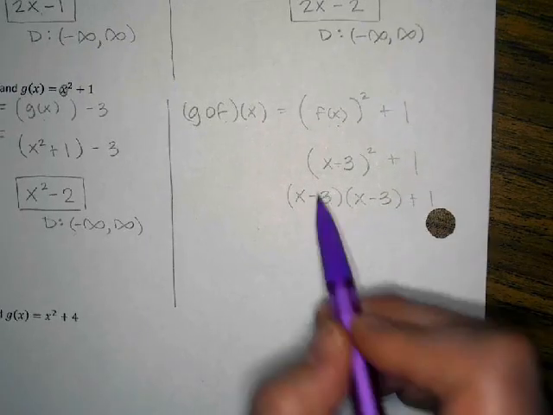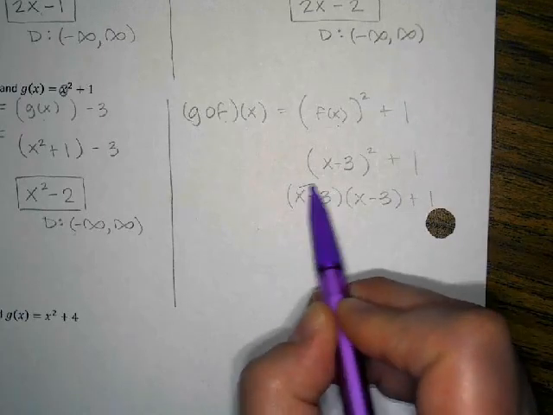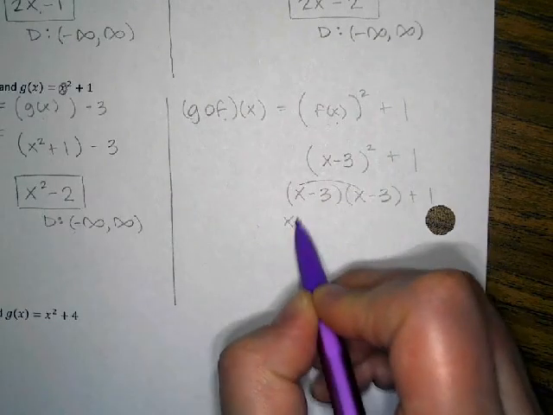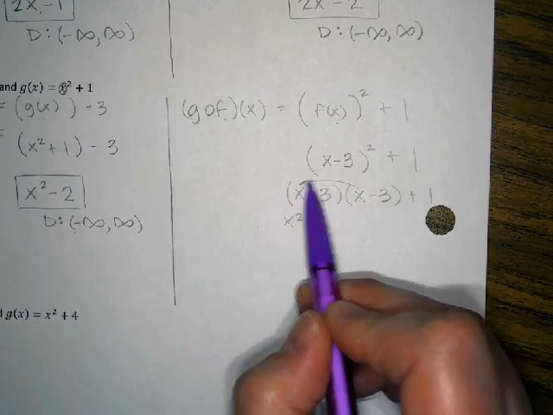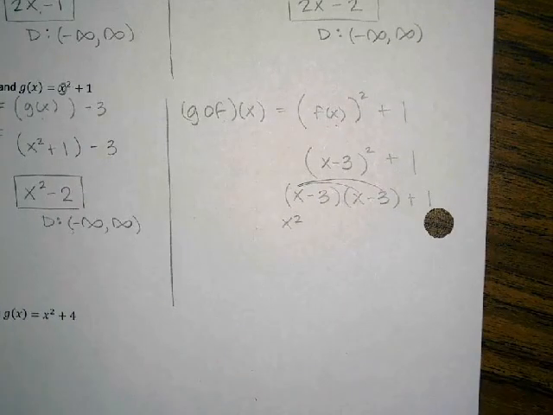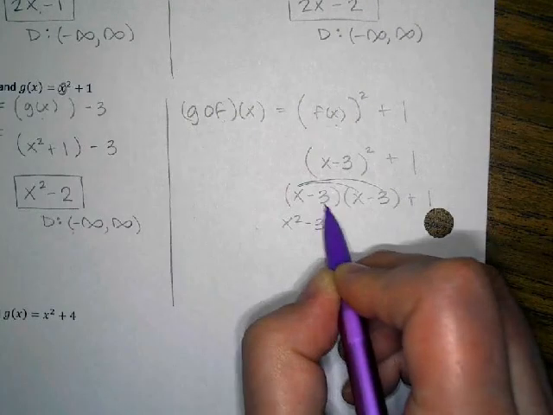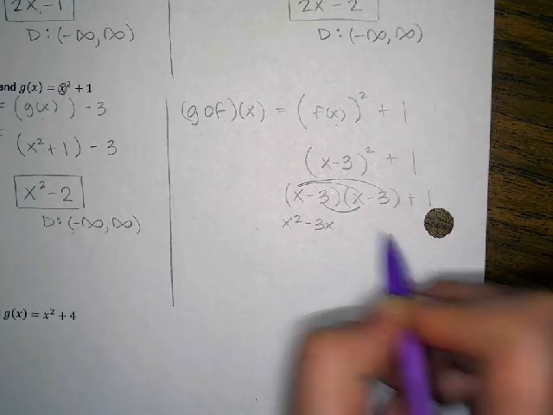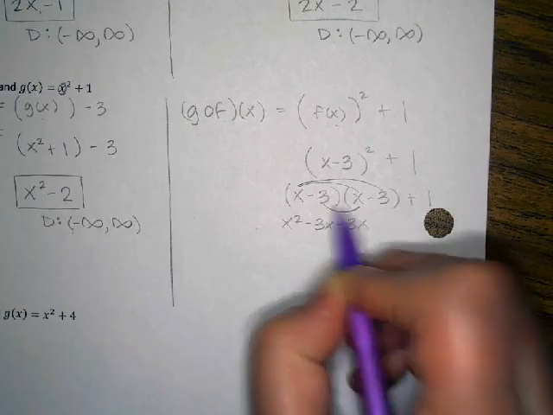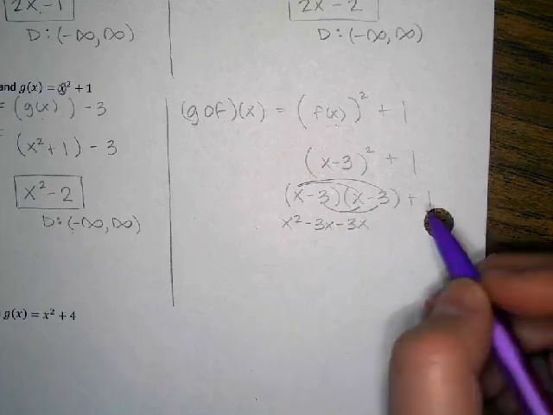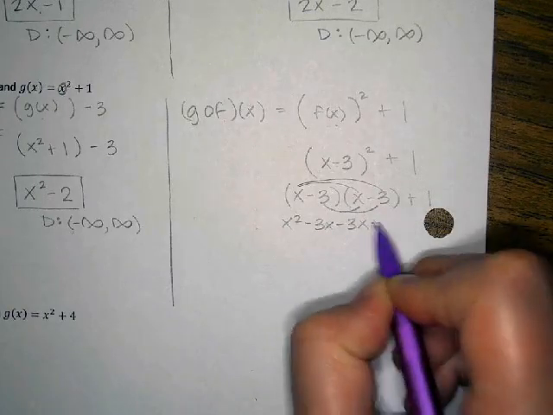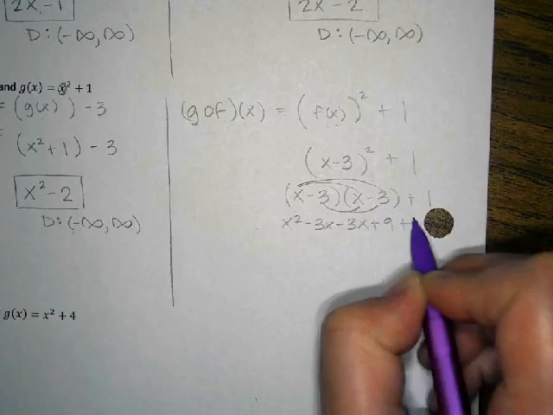And then we get x times negative 3, which is negative 3x, and then we get negative 3 times x, which is negative 3x, and then we get negative 3 times negative 3, which is 9, and then we have the 1 on the end. So if we were to distribute the 2, we wouldn't get those middle terms.